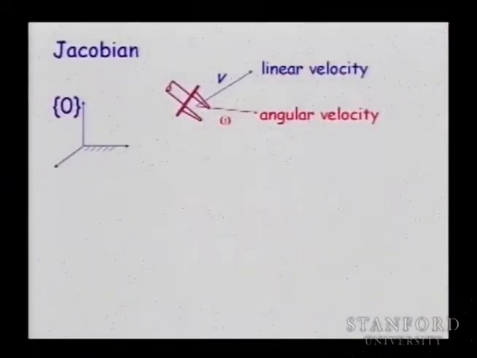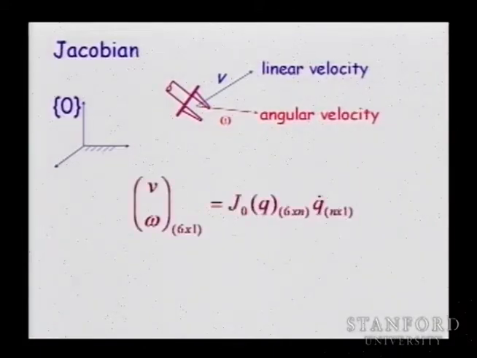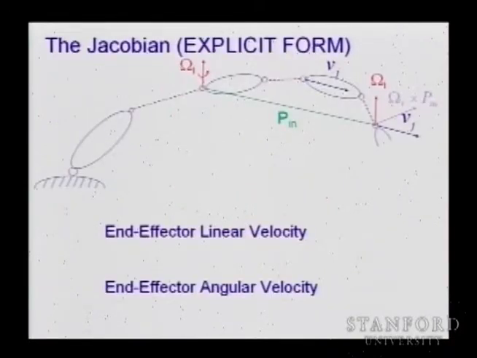So the Jacobian, as I said, describes this v vector, the linear velocity, and the omega vector, the angular velocity, and it relates those velocities to the joint velocities. So the Jacobian times q dot gives you the linear and angular velocities. And we will see that essentially this Jacobian is really related to the way the axes of this robot are designed.